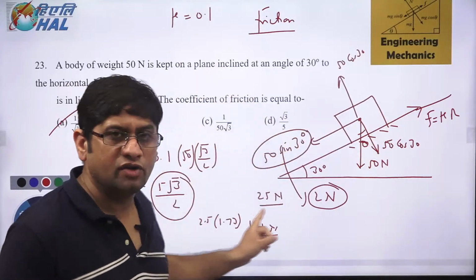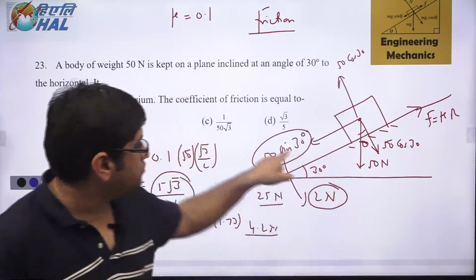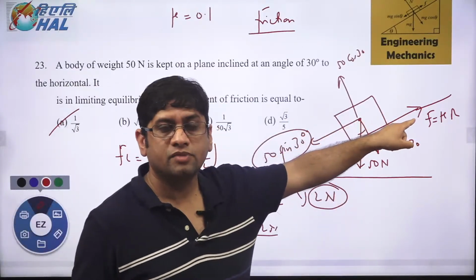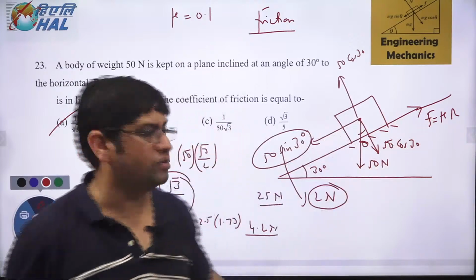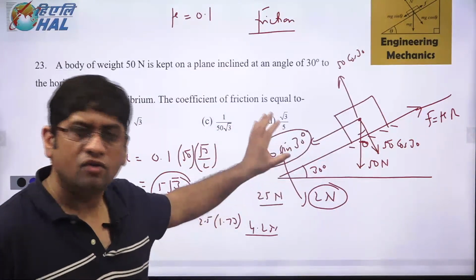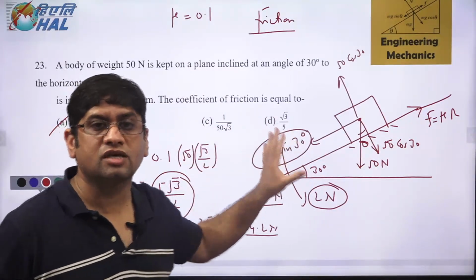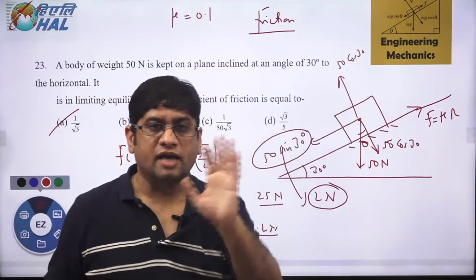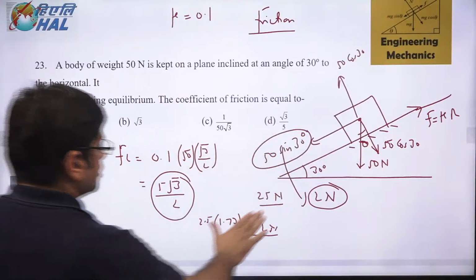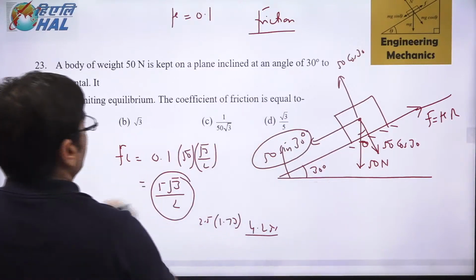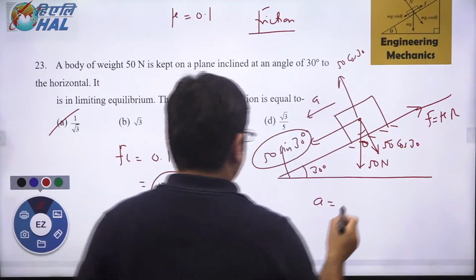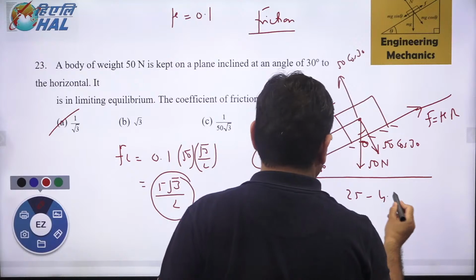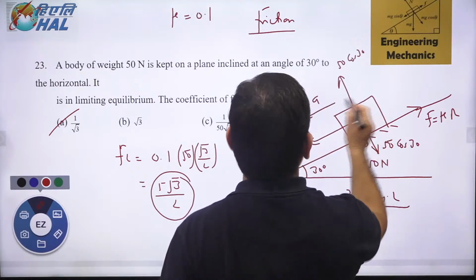The case which I have given you, there will be acceleration also, because this force is more than this force. But suppose this force is less than this force, then the friction acting will be equal to static friction, which is equal to external force which is applied. That is very important. Can you find out the acceleration in the previous case now? What will be the acceleration? The acceleration of this component will be equal to net force acting 25 minus 4.2 over the mass of this body.